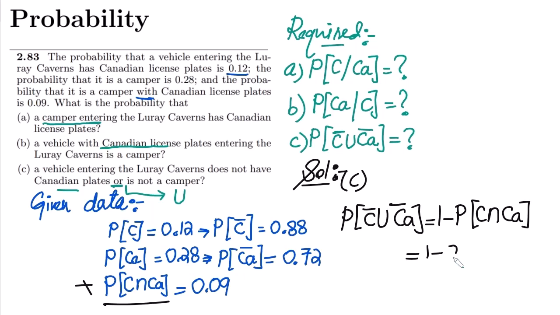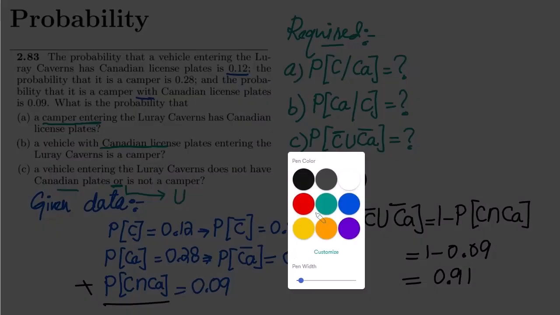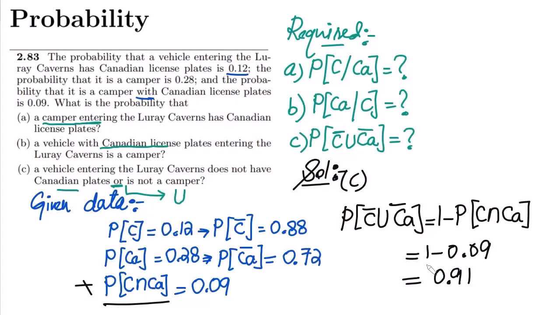It would be 1 minus 0.09, and finding it out, we would get 0.91. Okay, so there is a 91% chance that a vehicle entering the Lurie Caverns doesn't have Canadian plates or is not a camper. Okay, so this is the solution of this part we had found.